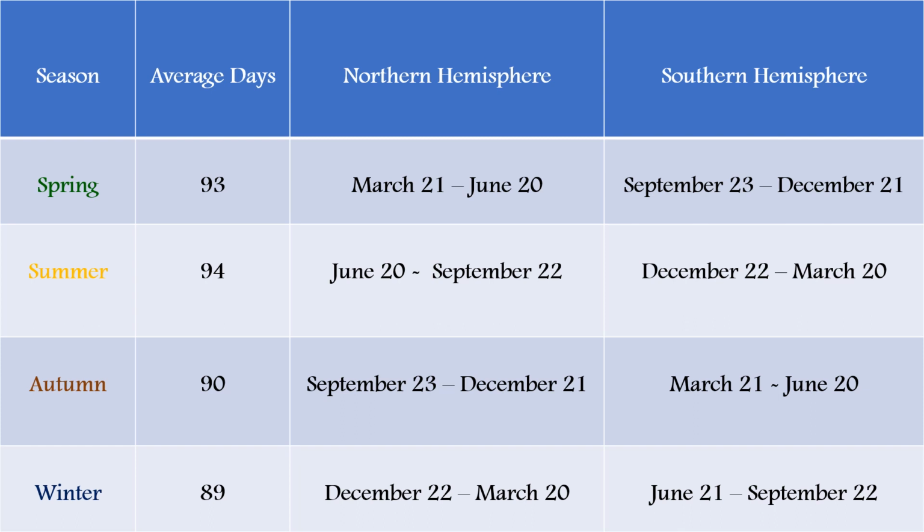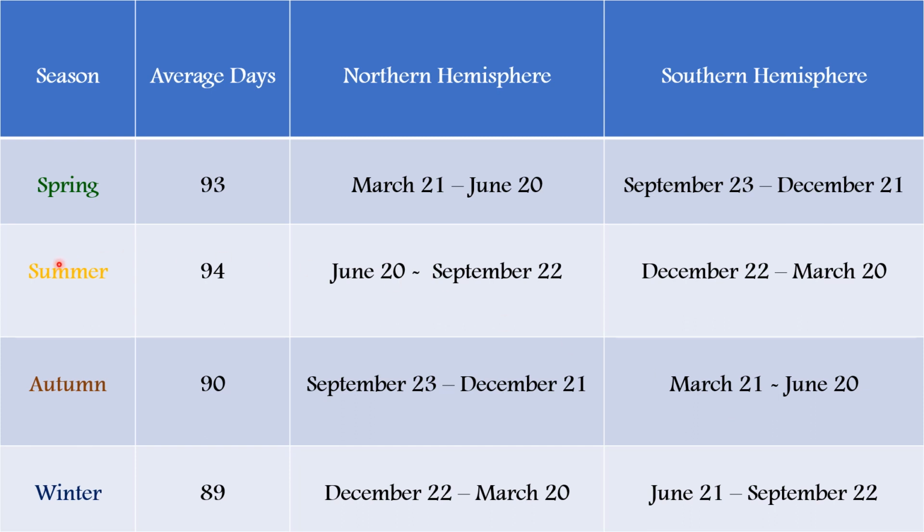All right, so while it is spring in the northern hemisphere, it is actually autumn in the southern hemisphere. Let me show you. So here we have spring in the northern hemisphere on March 21st to June 20, and around the same time in the southern hemisphere they're experiencing autumn.